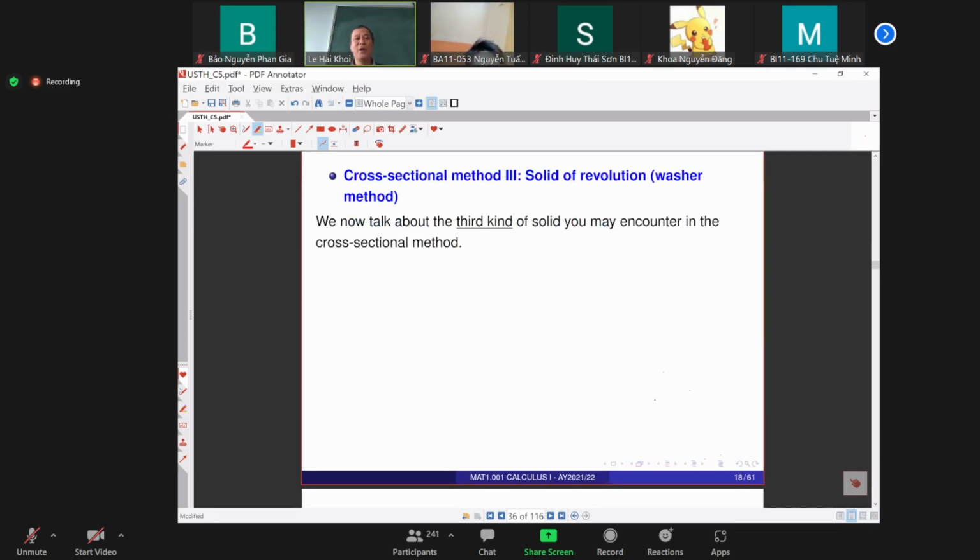And now we move to the first method. The first method is general, but very difficult if you cannot find A(x). But the second method is the disk method, and the third method is the washer method, also easy. Both are the same in some sense. How? What is the third kind of solid?